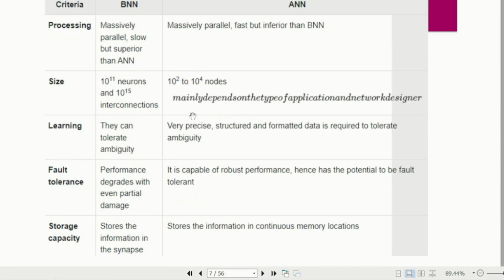According to the size, there are 10 raised to power 11 neurons and 10 raised to power 15 interconnections in BNN. 10 raised to power 2 to 10 raised to power 4 nodes are there in our ANN, artificial neural networks. This mainly depends on the type of application we are going to design.